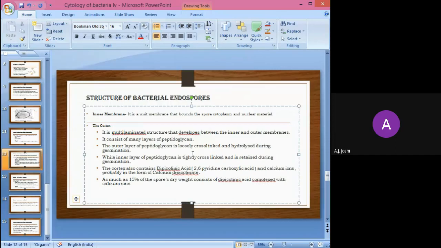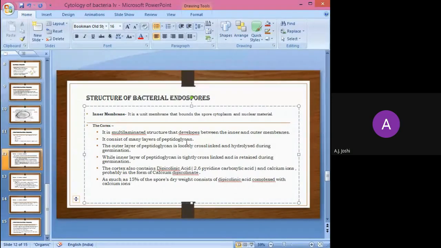When the bacterial endospore gets a favorable environment, it undergoes the process of germination and finally forms the vegetative cell. So during germination, the outer layer of peptidoglycan of the cortex gets hydrolyzed. But the inner layer of peptidoglycan is tightly cross-linked and it is retained during germination.